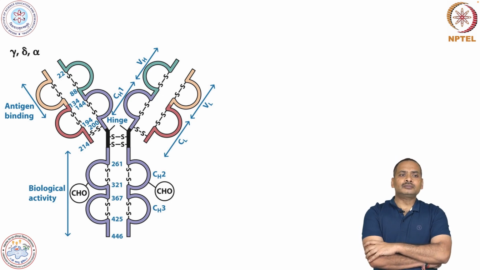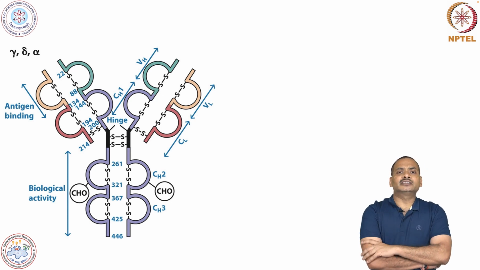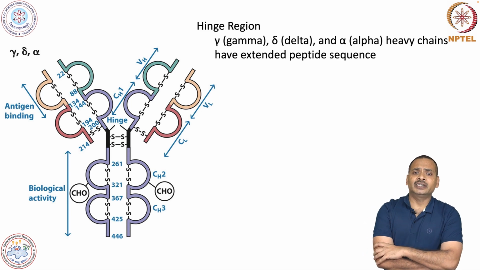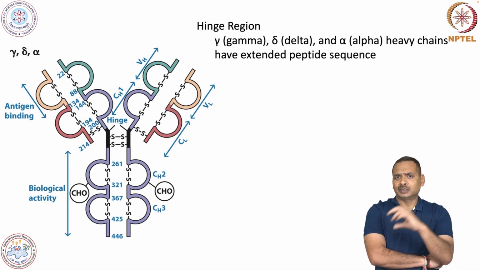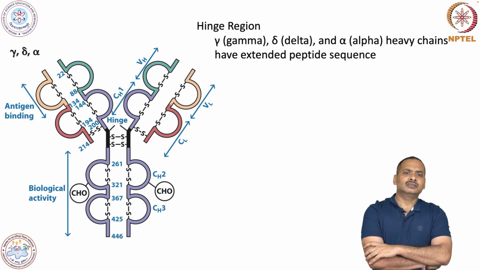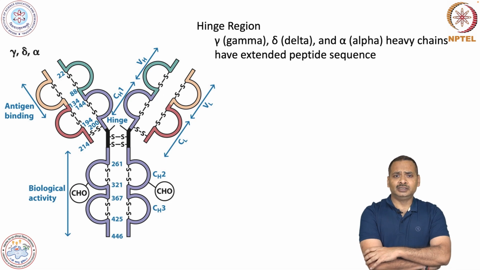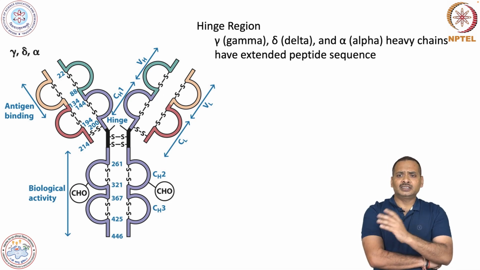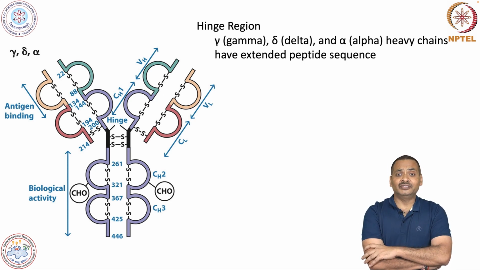All these three classes of antibody have a unique region in the constant region. In the heavy chain, they have a hinge region.